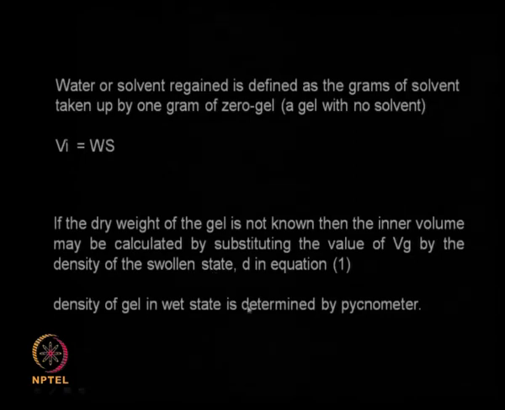And the density of the gel in wet state is determined by an instrument called a pycnometer. So one can find out the density when it is in the swollen state, and we can find out the volume occupied by the dry particles by completely drying the gel in an oven and then looking at the displacement of water or some other solvent which does not allow the gel to expand. So that will give us an idea about the volume occupied by the gel in a dry condition.